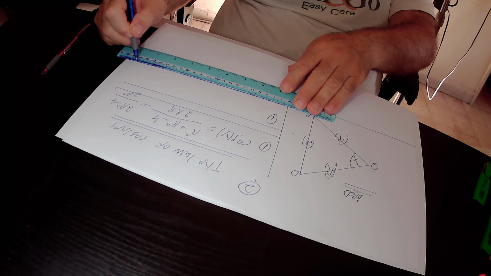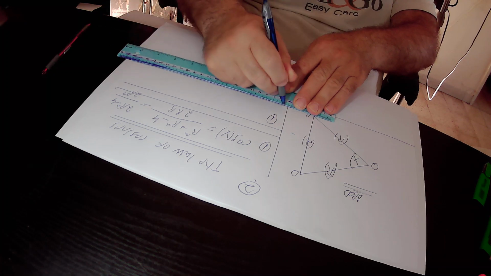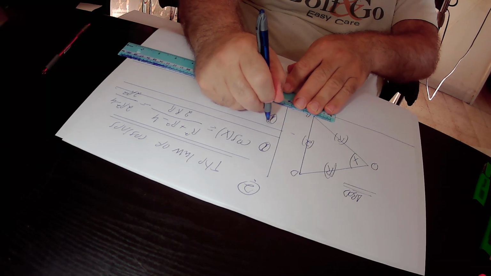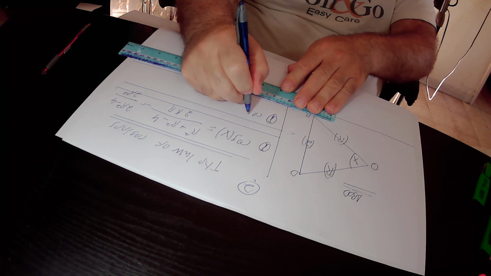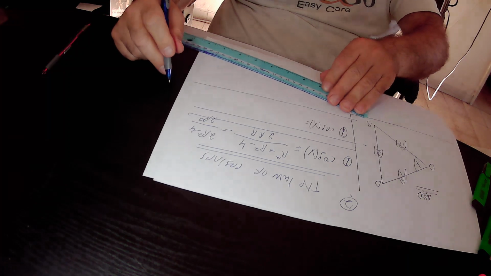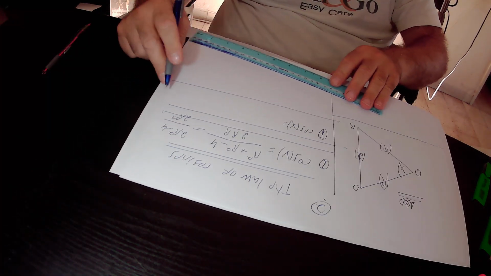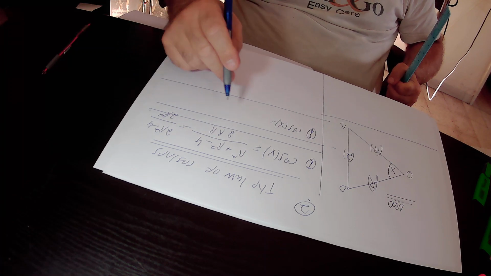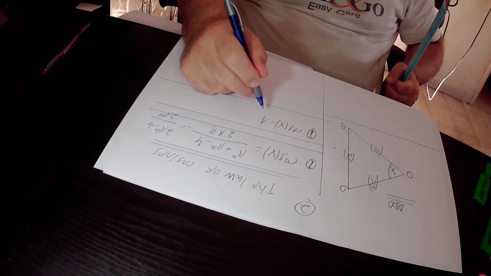So we found out that according to equation 1, cosine x equals 2R squared minus 4 over 2R squared. 2R squared over 2R squared is 1.